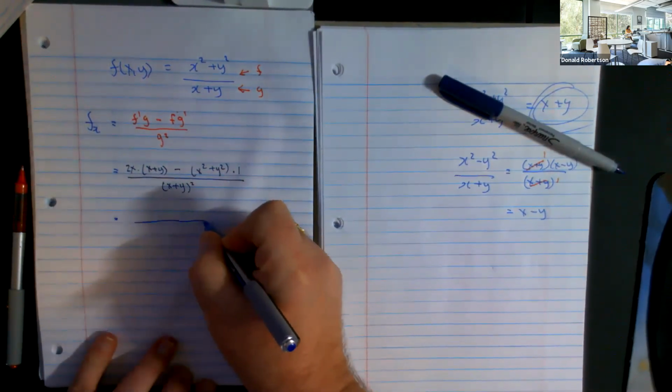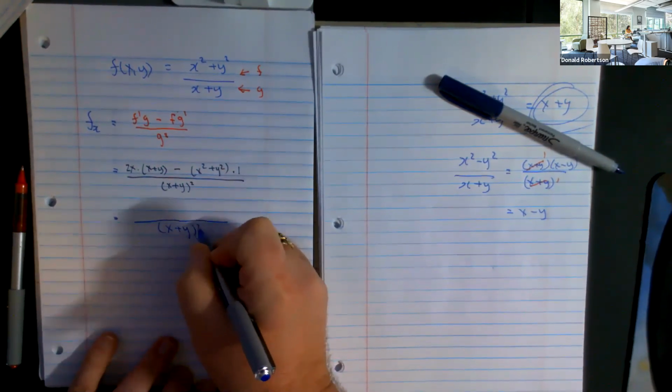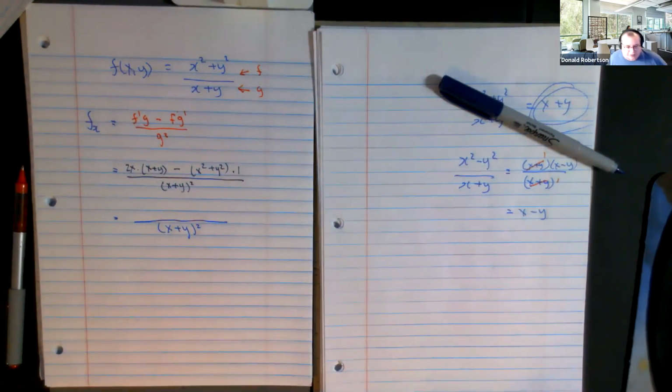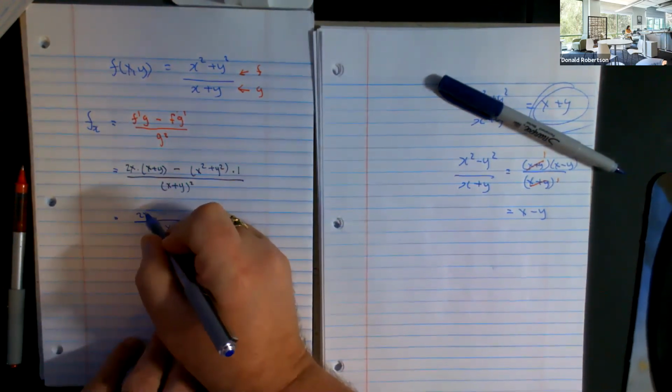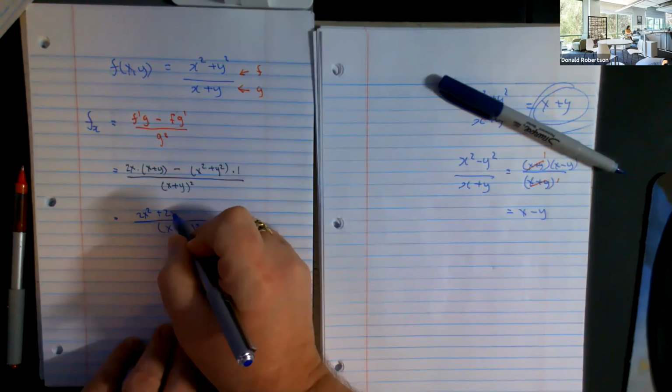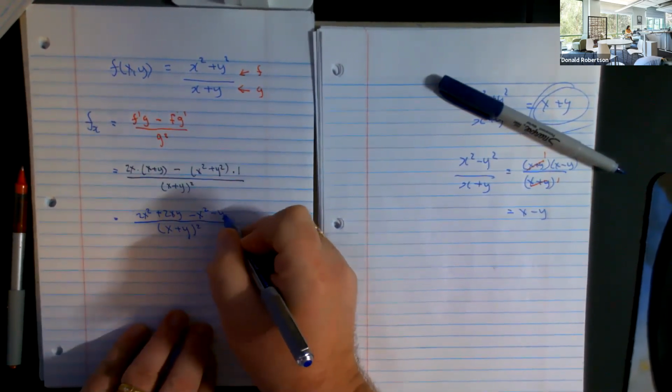And I'm going to do some style points on this, because I think I might be able to make it look a little bit nicer. So I'm going to distribute this, and that gets me 2x squared plus 2xy. And I'm going to take this guy and this guy.